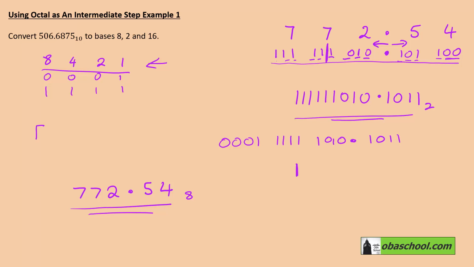And we know that we call 15 F. So that's going to be F. Then 1 0 1 0 is 10, which we know we call A. And then we've got 1 0 1 1, and that gives us 11, which we call B. So in base 16, this number is 1FA.B.